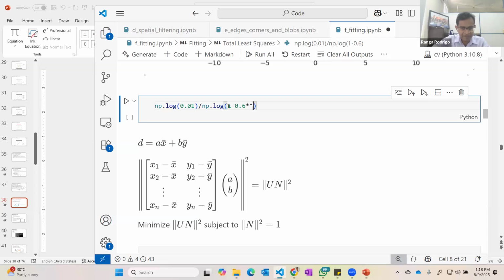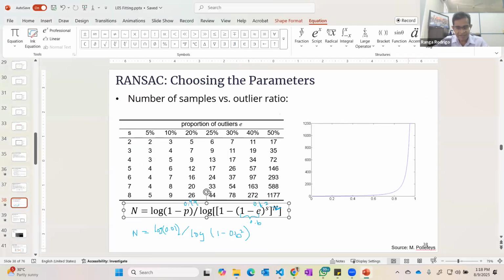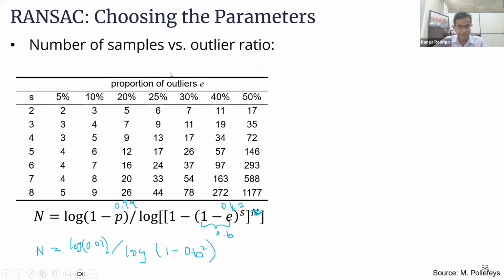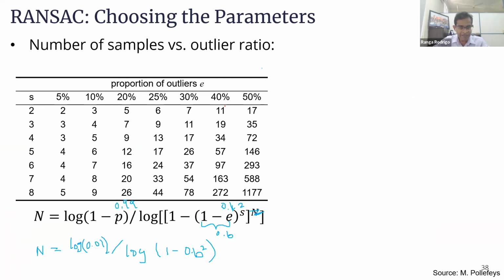I hope this is correct. I don't want to make a mistake here. It's 10.3. That's what 11 means, right? So I hope it is correct. I hope you understood that.